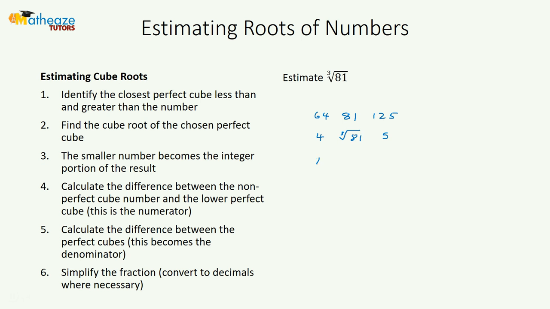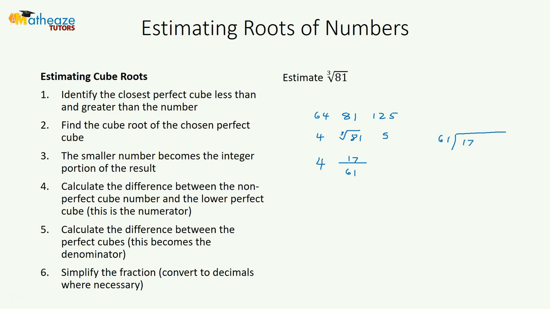So it's going to be 4, and then the distance between 64 and 125 is 61, and between 64 and 81 is 17. And then we will now convert the fraction to a decimal.